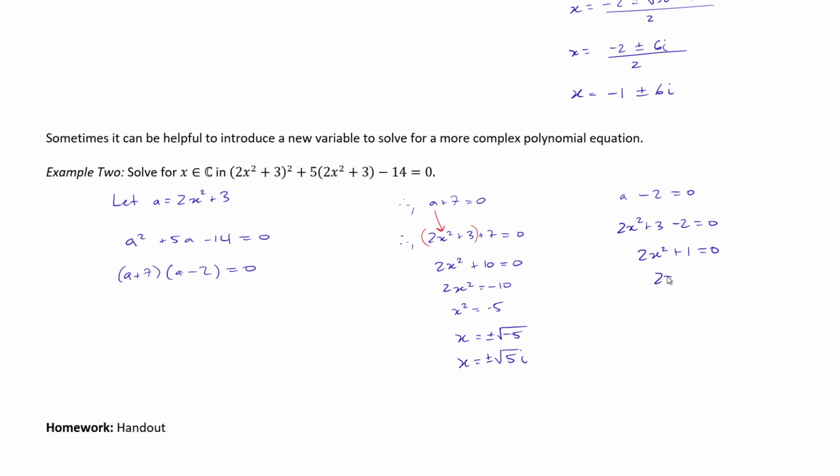Then I get 2x squared is equal to negative 1. x squared is equal to negative 1/2. Then again, I'm going to take my plus or minus square root of negative 1/2, and I'm going to have x is equal to plus or minus the square root of 1/2 i.